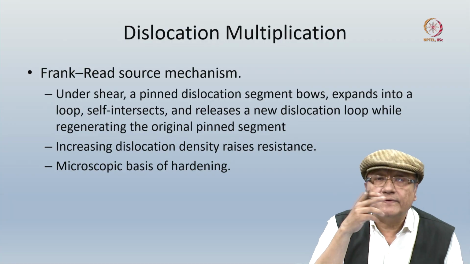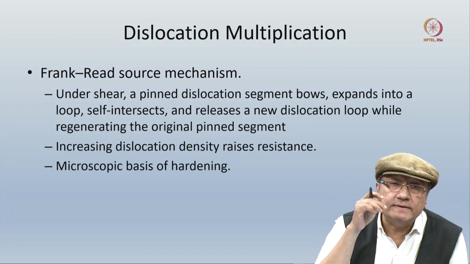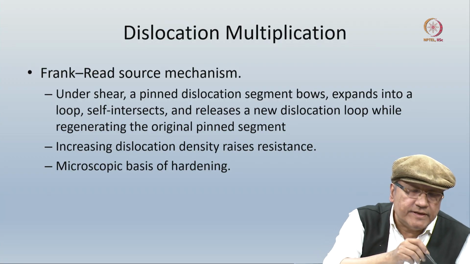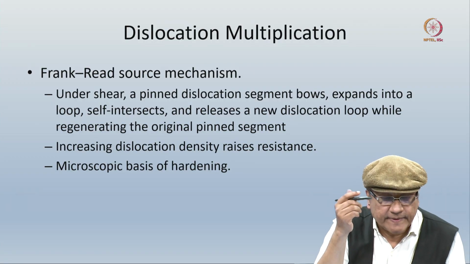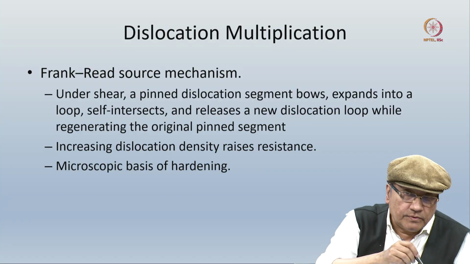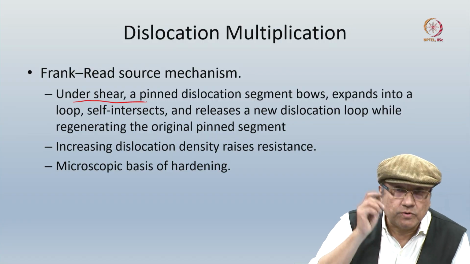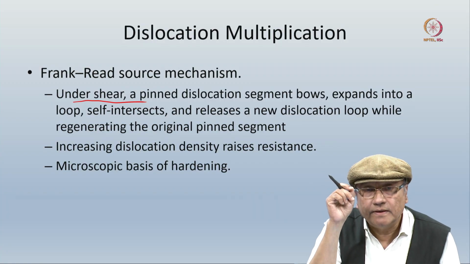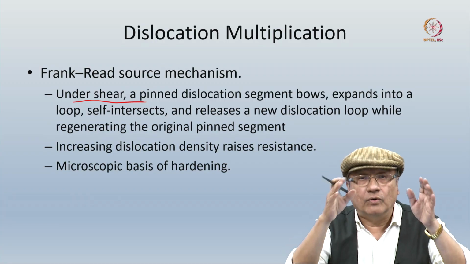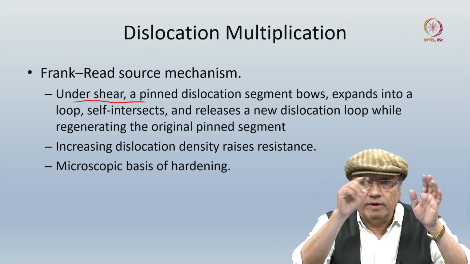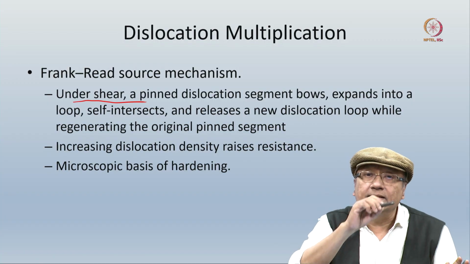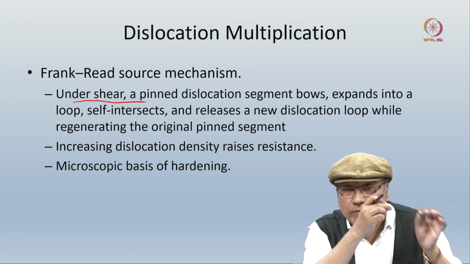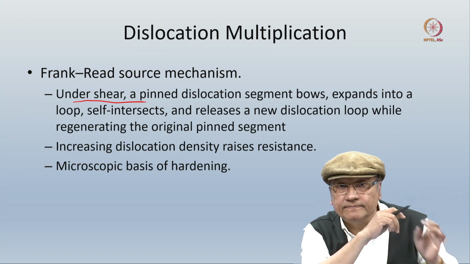So, the question that arises is how can dislocations multiply? One of these mechanisms is called the Frank-Read source mechanism. So, under shear, a pinned dislocation segment starts behaving like a bow. It becomes more and more bowed, till it joins in a circular form, the two ends of that bow join.